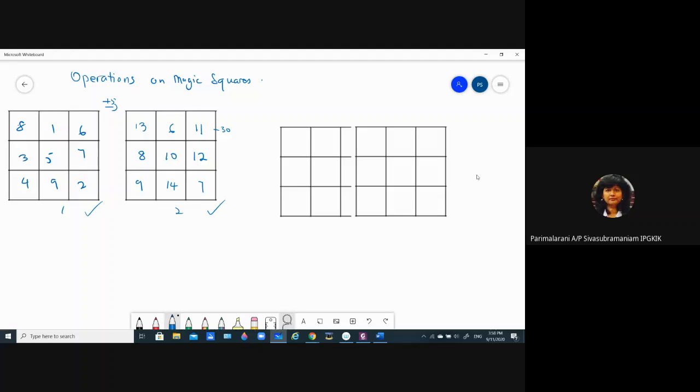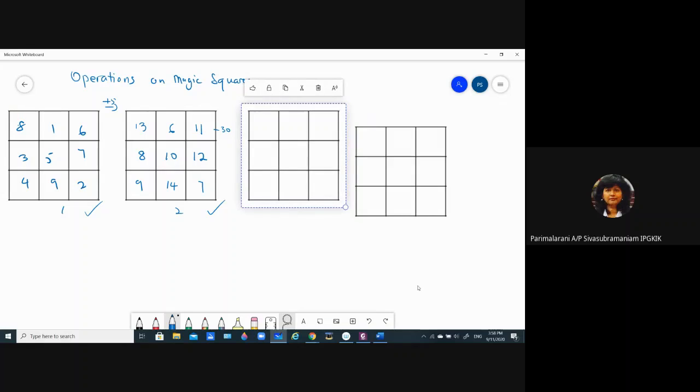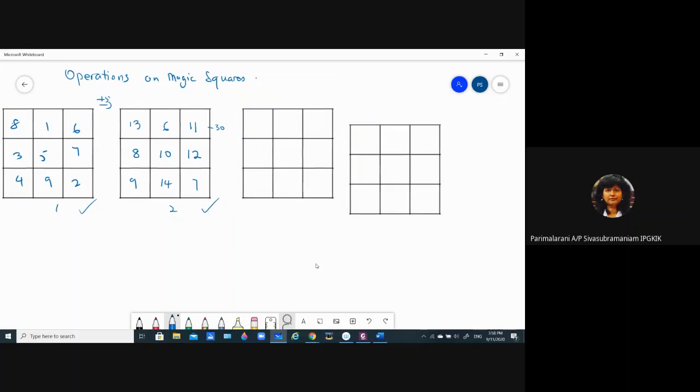So we can do operations on magic squares. We can add, subtract, multiply, and divide. We still get a magic square. Okay, one more example. Say, from the first magic square, we want to multiply by 4, and then add 5.